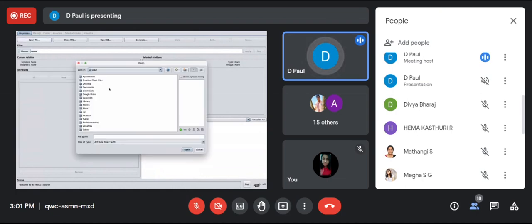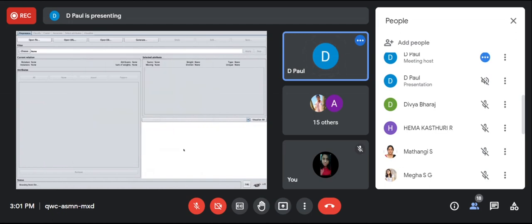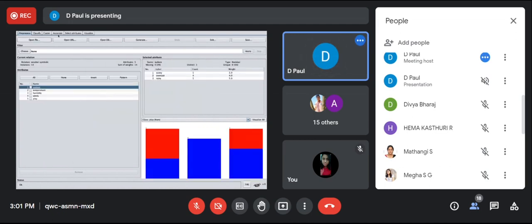So I'll just load the data. I'll say weather nominal, open it. Then for classification, go to the classify tab.